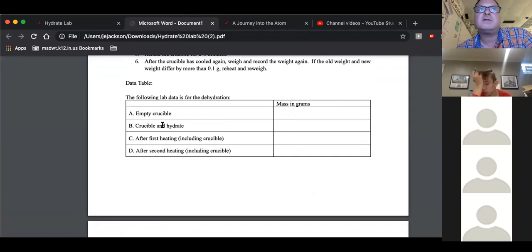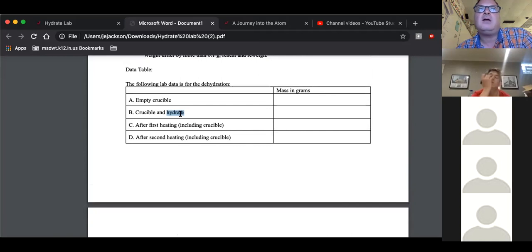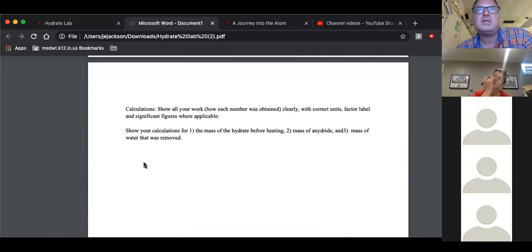From this, you're obviously going to have to subtract the mass of the crucible. Then it says show all your work, how each number was obtained clearly, with correct units, factor label, and significant figures where applicable. Show your calculations for the mass of the hydrate before heating. Again, if this is the hydrate and this is the empty crucible and this is the crucible and hydrate, that math you're actually going to do right here. You're going to do the subtraction there.